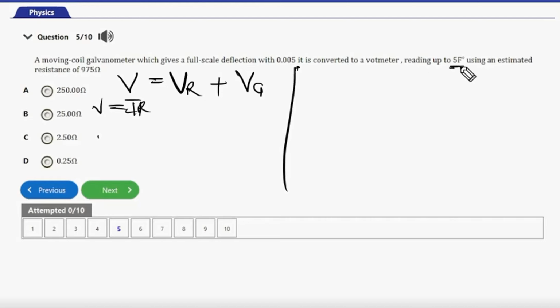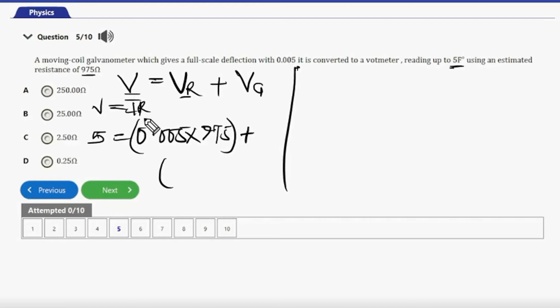So we have that 5 volts is equal to the IR for this resistance, the current, which is 0.005, times the resistance of the resistor, which is 975 ohms, and then this will be added to the current times resistance.